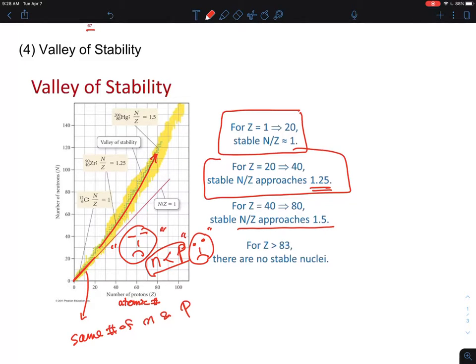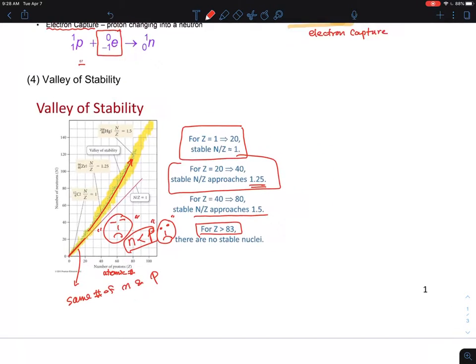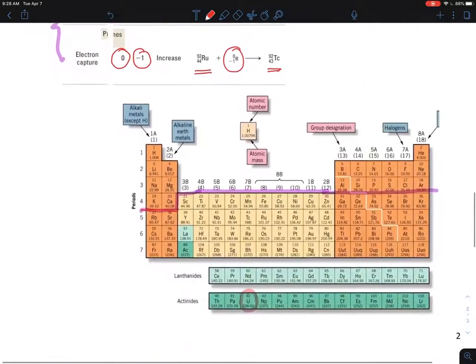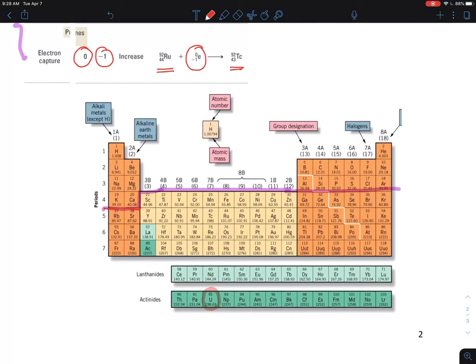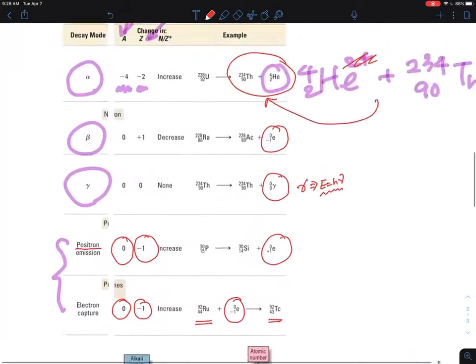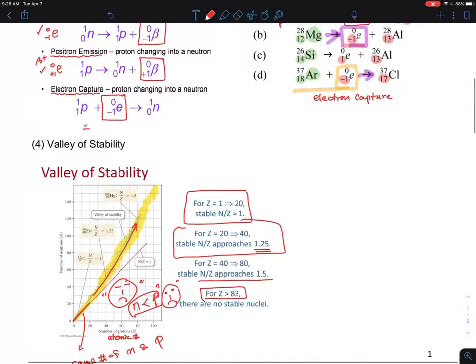And also anything where Z is bigger than 83, and that's where you are seeing this in the periodic table. Oh, is it 83? Yeah, 83.